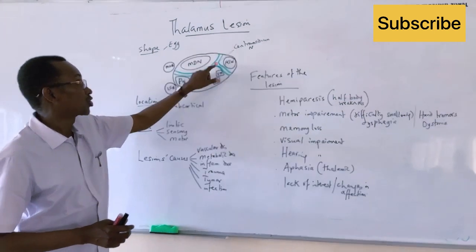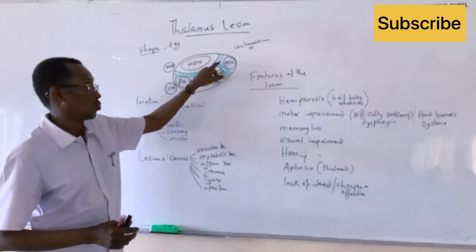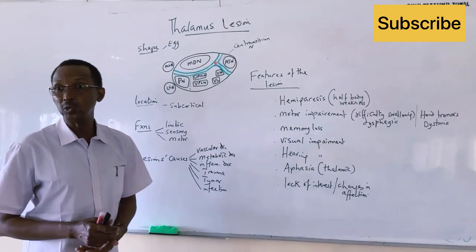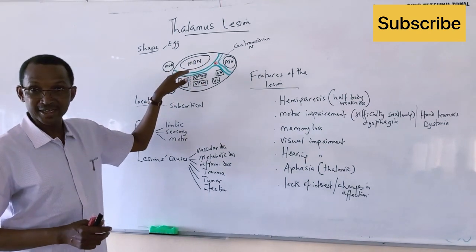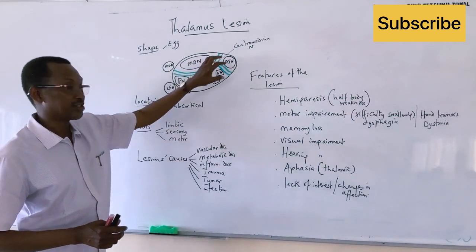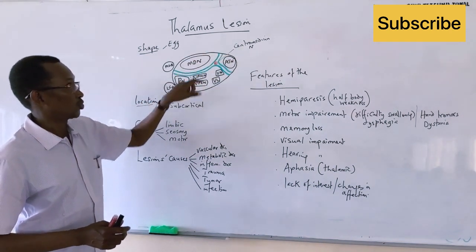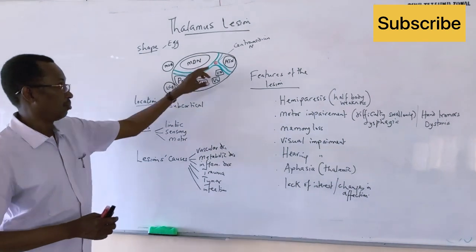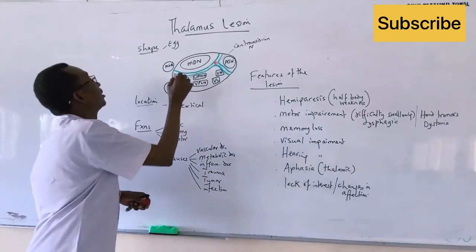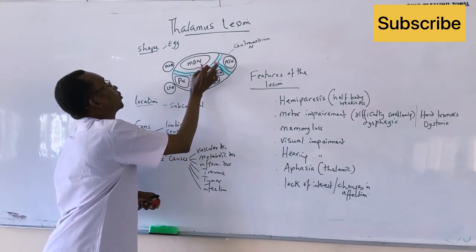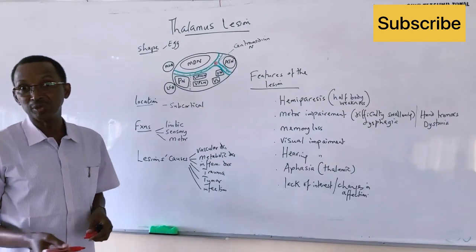One prominent nucleus in there, one of the most important among them, is what we call the centromedian nucleus. So this Y structure divides the thalamus into anterior portion, medial portion, and lateral portion. That is the intramedullary lamina, and within it there are some scattered nuclei, but one of the most important and prominent is the centromedian nucleus.